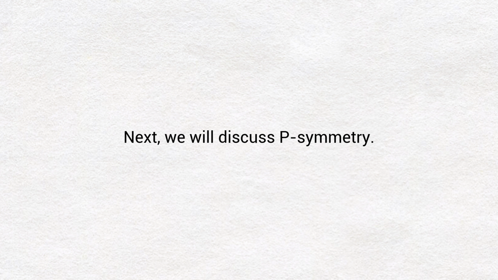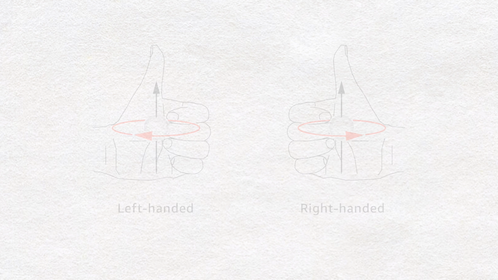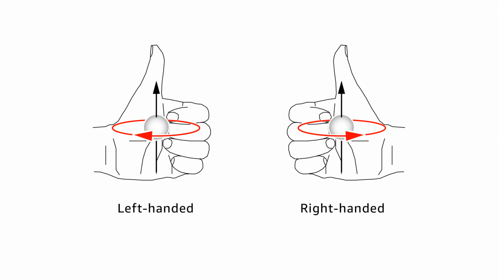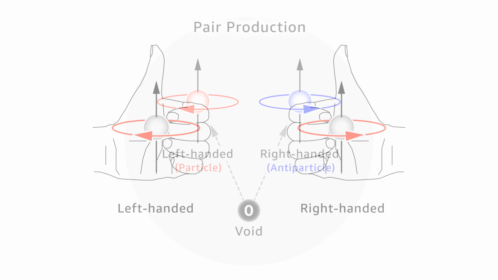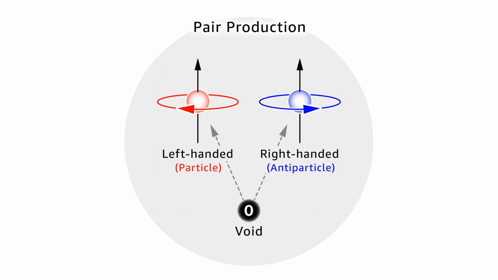Next, we will discuss P symmetry. A particle can have the left-handed spin or the right-handed spin, as illustrated. A thumb in the figure represents the direction of traveling. Then, the other 4 fingers represent the direction of spin. At the moment of pair production, a particle and its antiparticle have opposite spins. When a particle has the left-handed spin, its antiparticle has the right-handed spin.